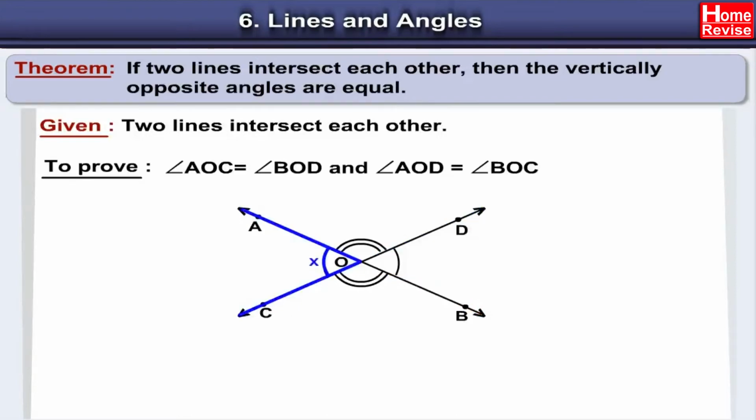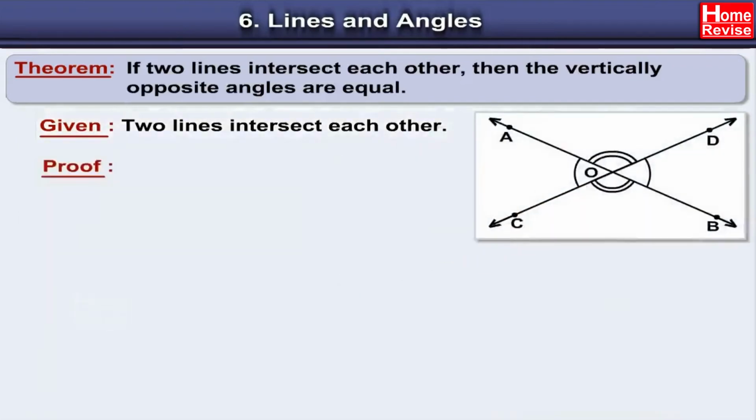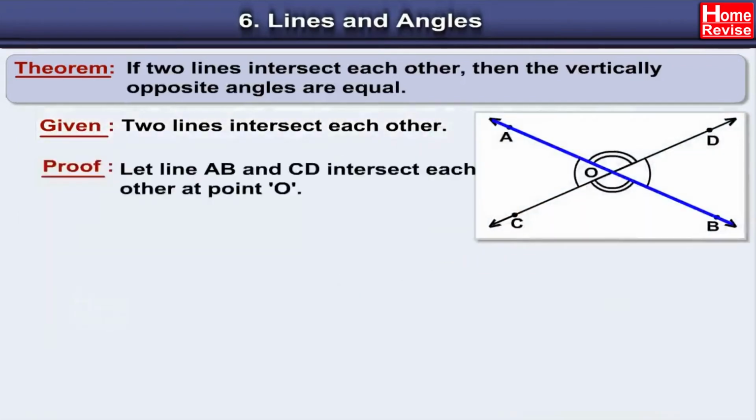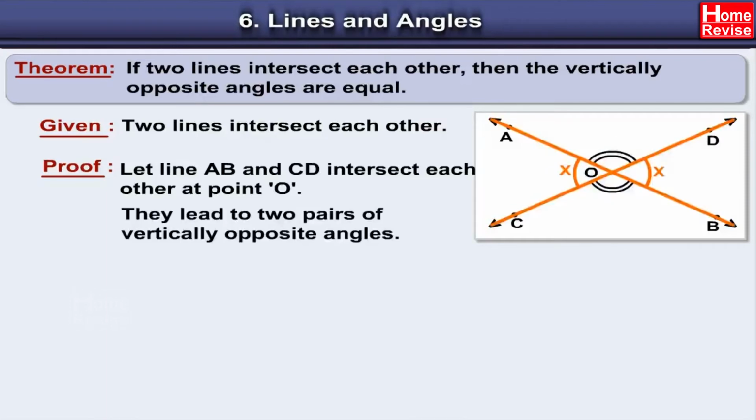To prove: angle AOC is equal to angle BOD and angle AOD is equal to angle BOC. Proof: let lines AB and CD intersect each other at a point O. They lead to two pairs of vertically opposite angles.